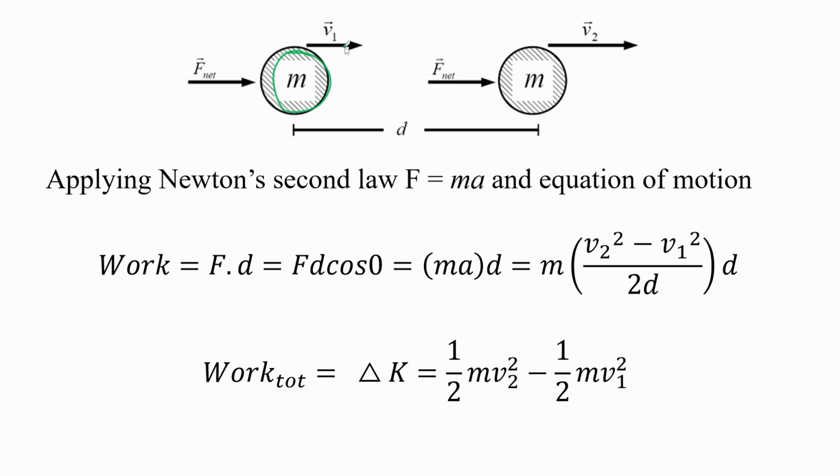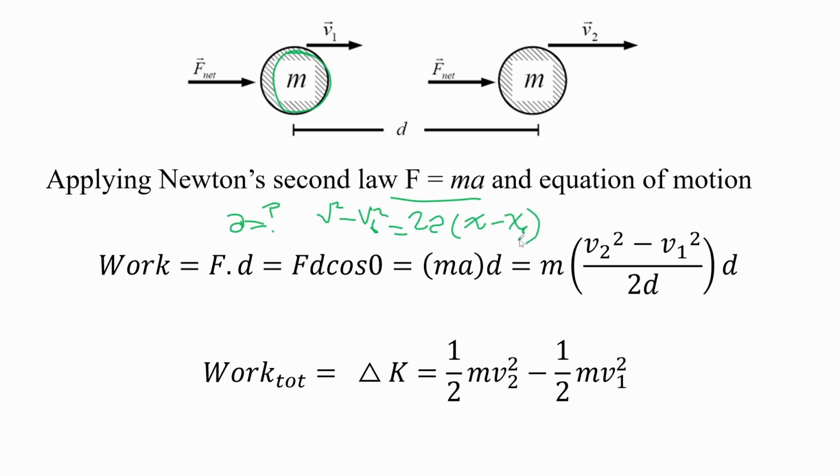Applying Newton's second law, force is equal to mass times acceleration, and the equation of motion. So what equation of motion do we use? It's the relationship for acceleration, which is v squared minus v naught squared equals 2a times x minus x naught.